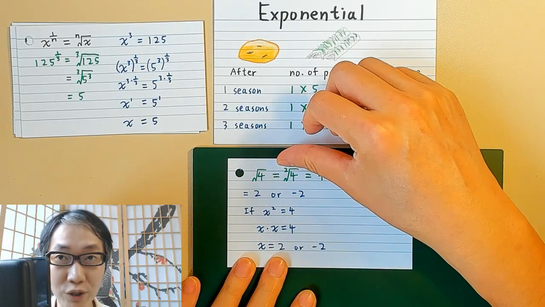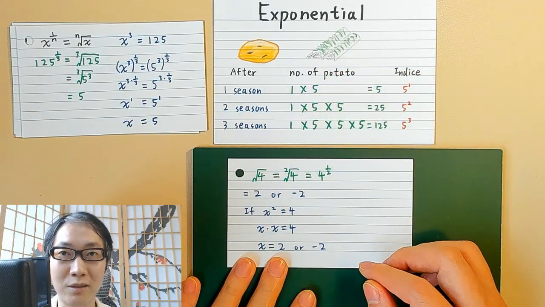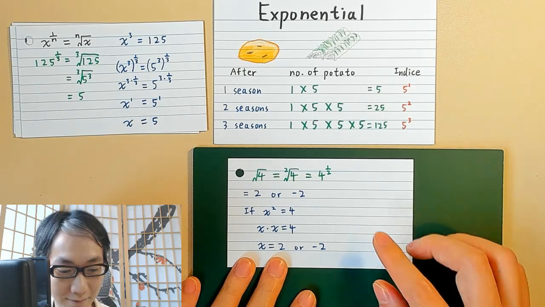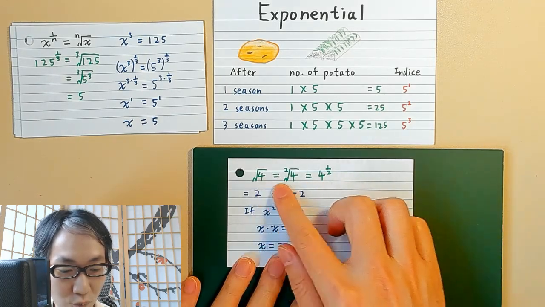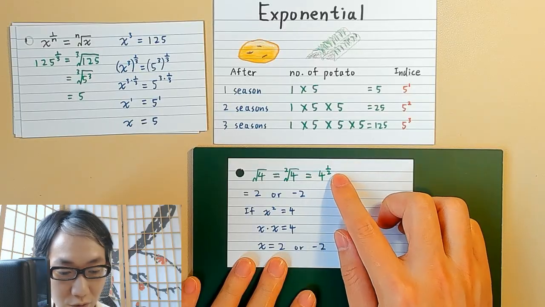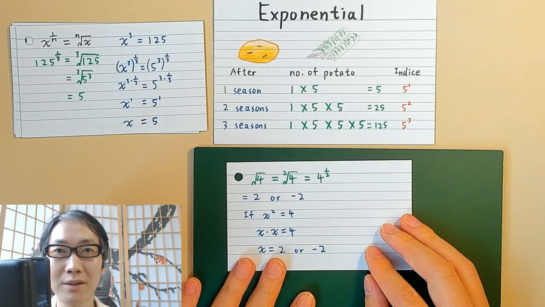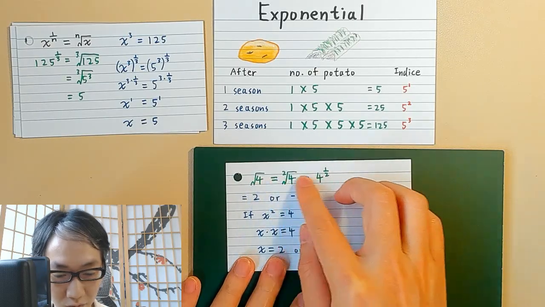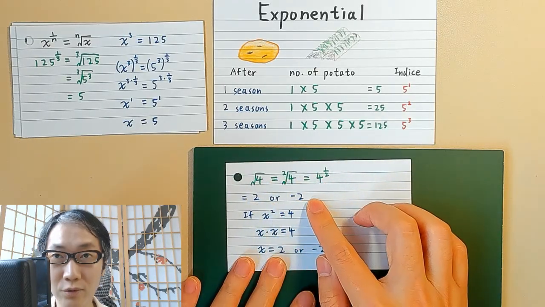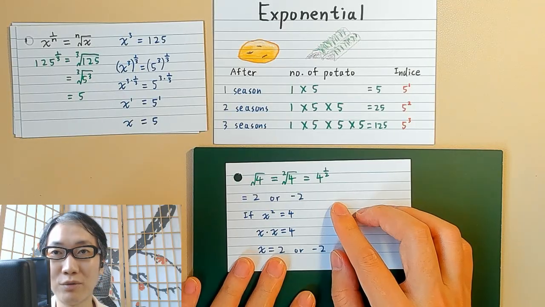But if it is 3 or 4 and so on, then we cannot omit it. And it is also equal to 4 to the power of 1 over 2. All 3 are the same expression. And the answer to this will be 2, or negative 2 if negative numbers are involved.